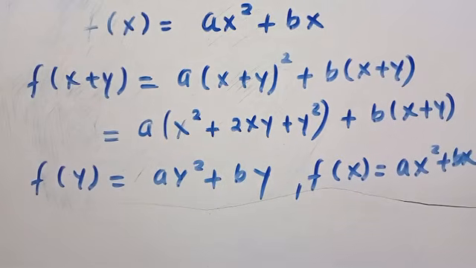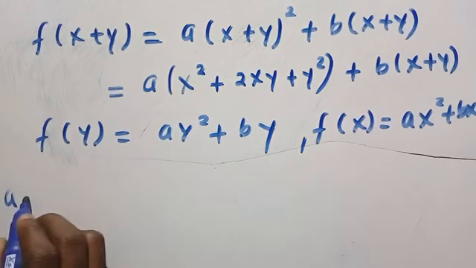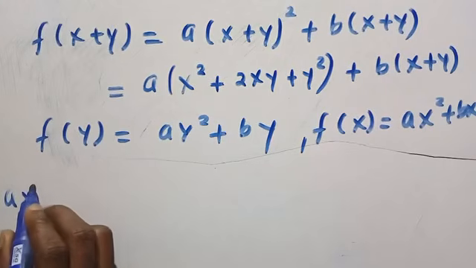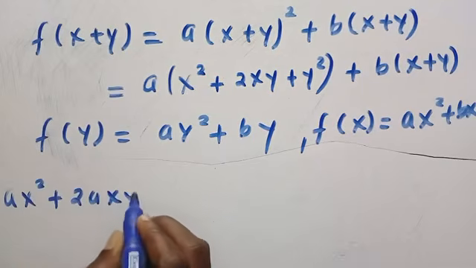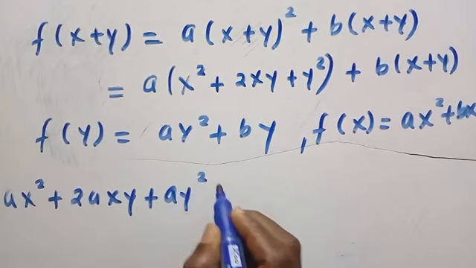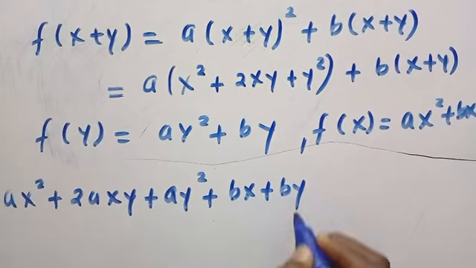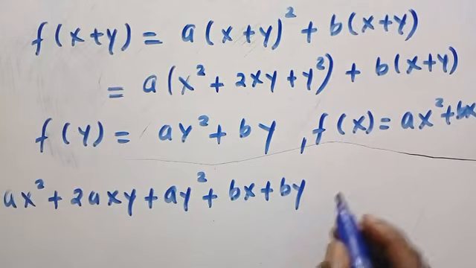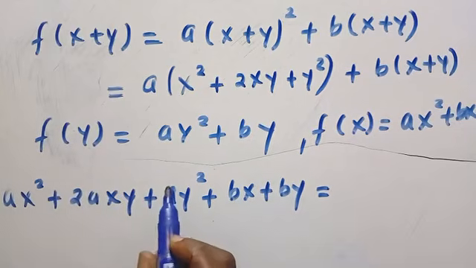So we try and equate this together. For f of x plus y, we have ax squared plus 2axy plus ay squared plus bx plus by, which equals f of x plus f of y minus xy.